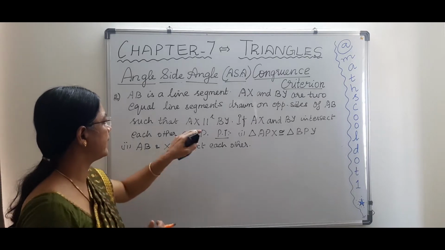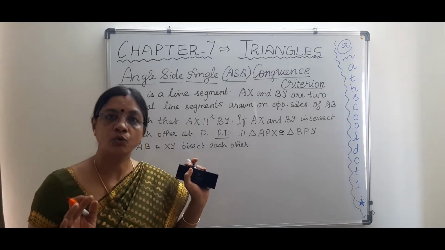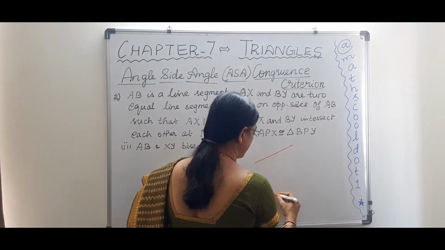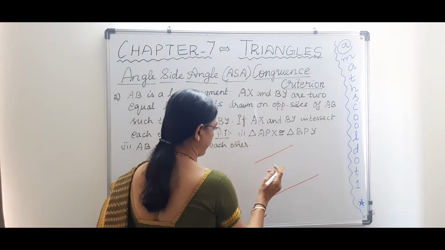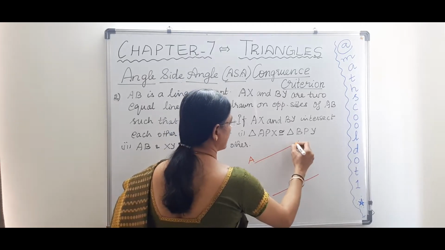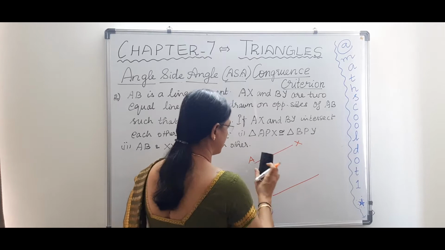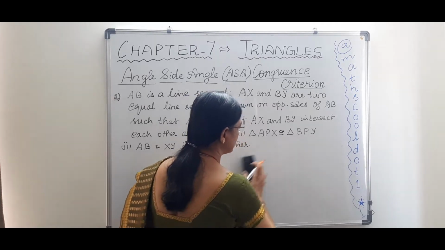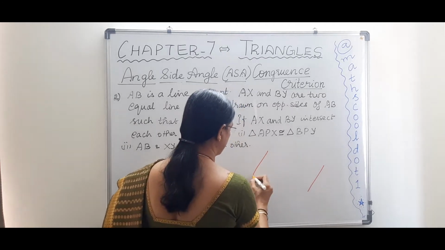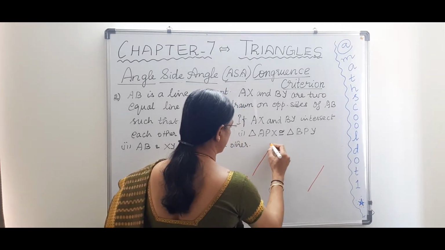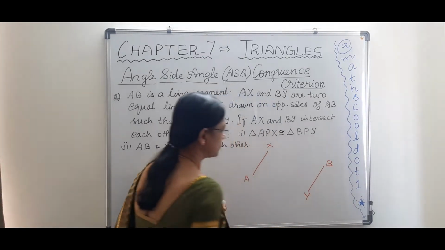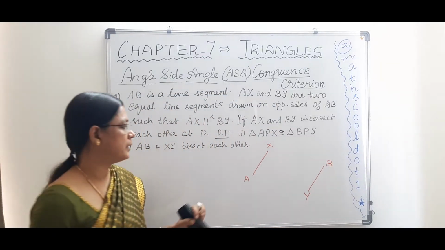So first we'll take AX is parallel to BY. Okay, so I draw this AX parallel to BY. So I'll draw it this way. So this is AX, and let me take this as BY because we need to draw AB line segment.